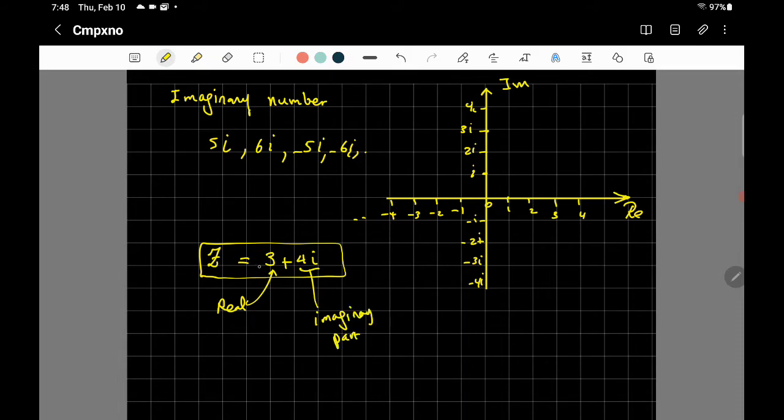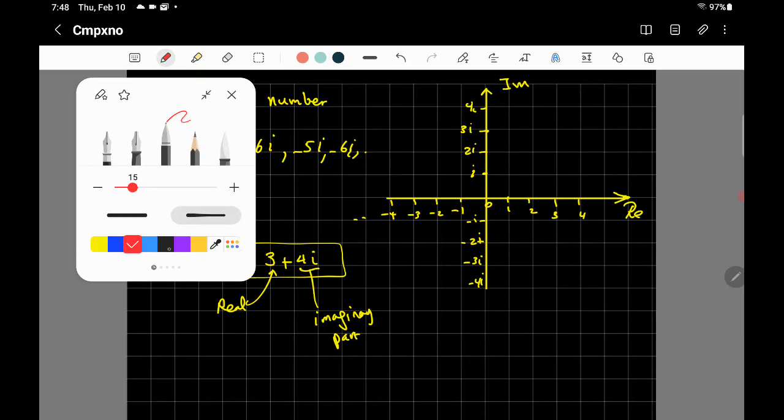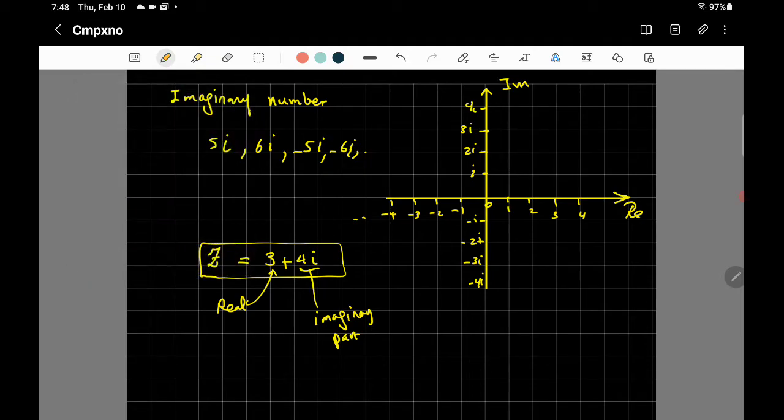So the real part 3 will be represented along x-axis. So we look here, we have x is equal to 3, 1, 2, 3, you have 3 here, and 4i, 1, 2, 3, 4i.